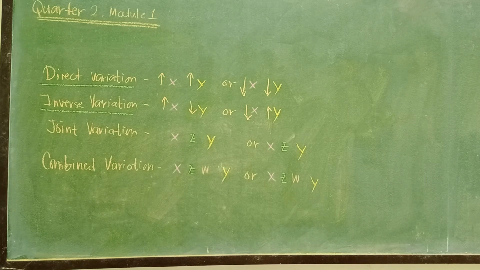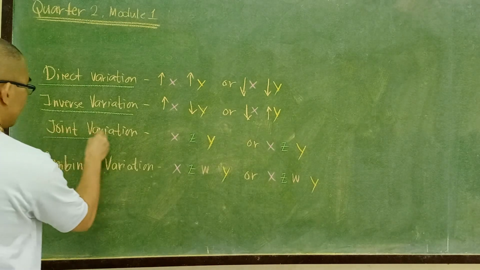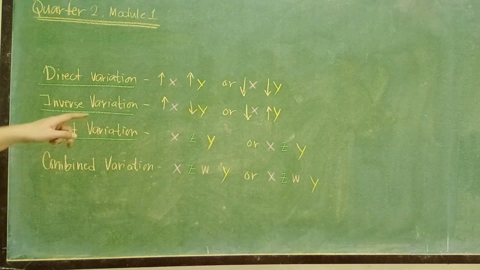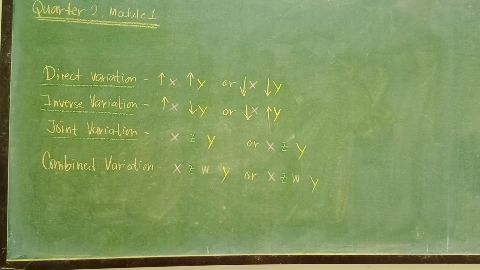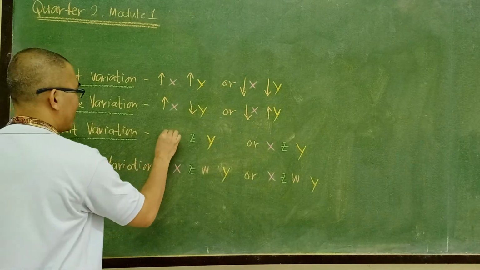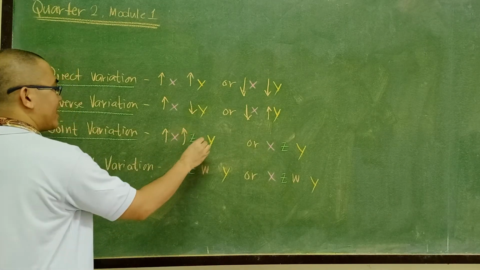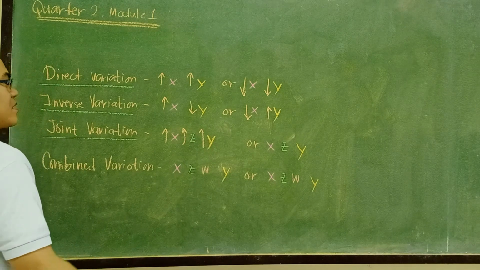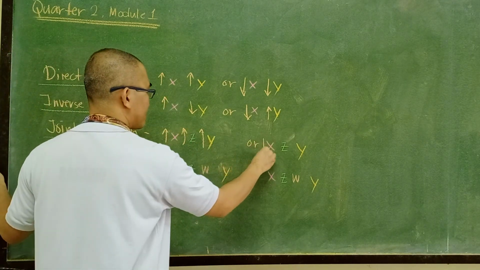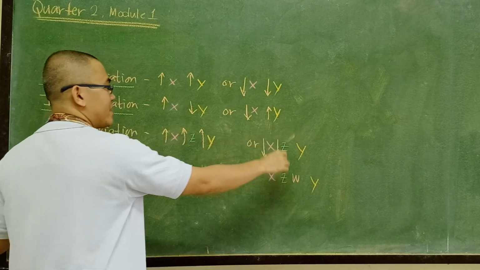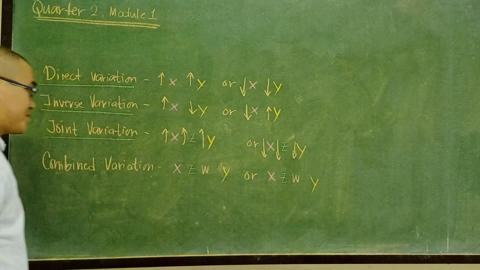Sa joint variation, parang direct variation din. Ang difference lang, may nadagdag kang isang quantity. So, this means kapag tumataas yung value ng x and z, tumataas din yung value ng y. Pag bumababa yung value ng x and z, bumababa din yung value ng y.